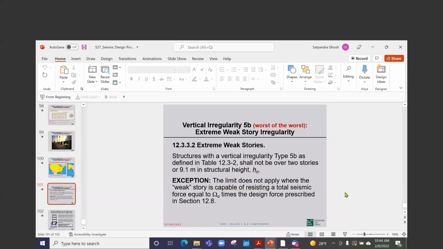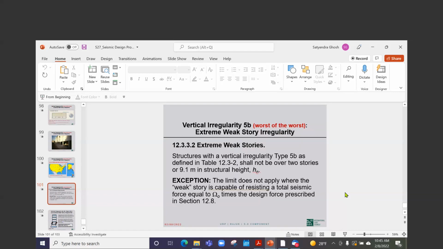It would be preferable to use the rationally computed period rather than the approximate period, because the approximate period assumes more stiffness essentially, but the code never explicitly tells you that you cannot use drift computation based on the approximate period.